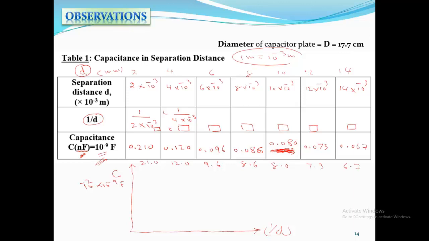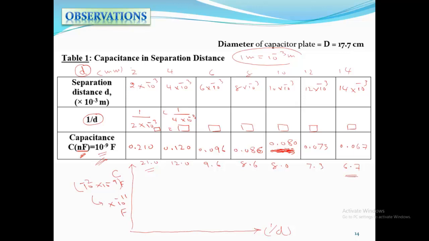But now you'll be multiplying with what? With, in fact, 10 raised to power minus 11 farad. Keep in mind. Now, you see the smallest number here you have 6.7, and the maximum you have 21.